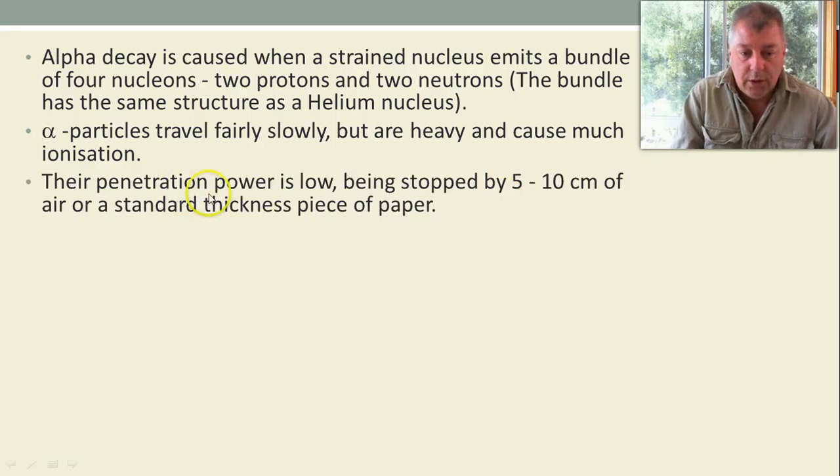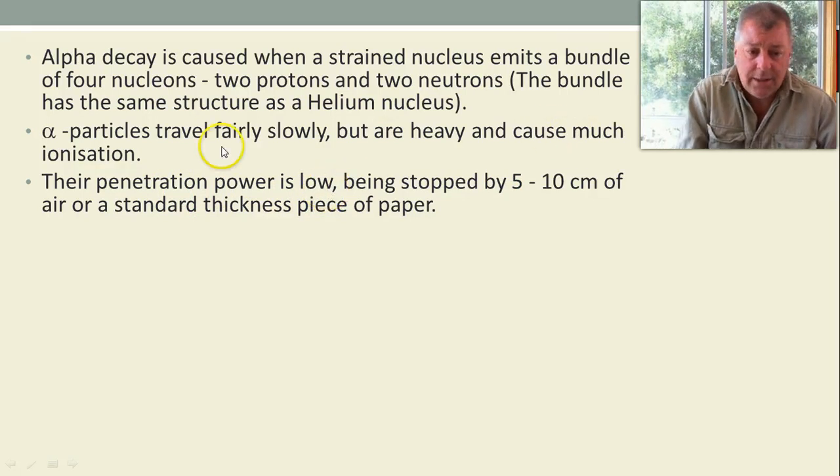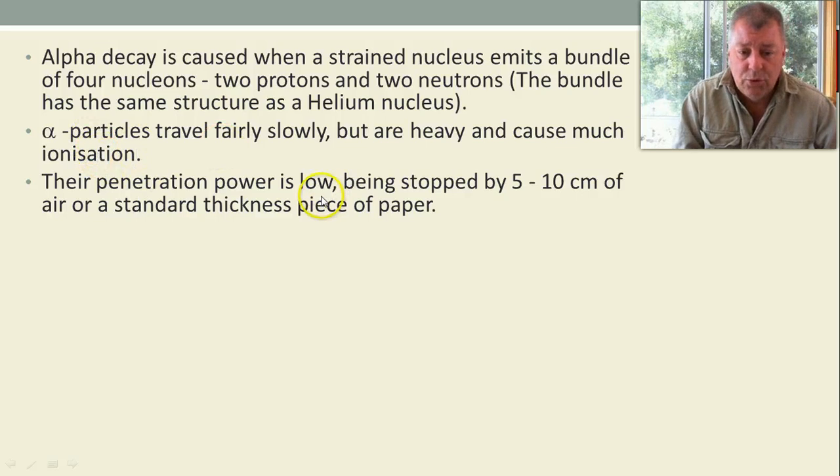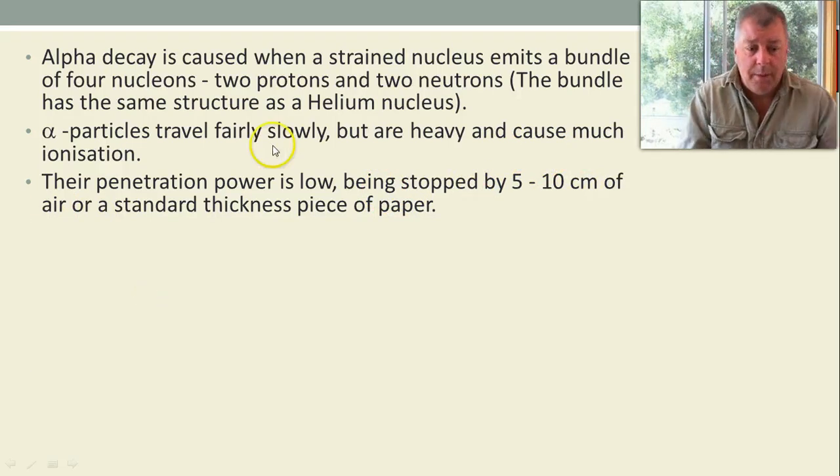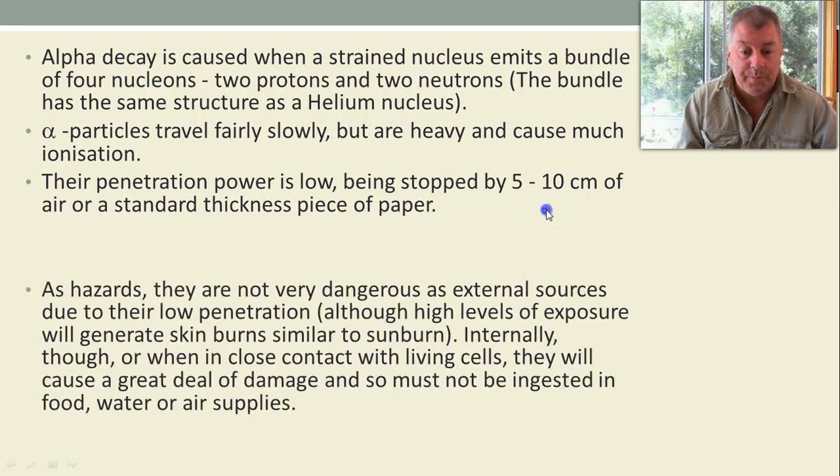They have what's called a low penetration power, and we'll have a video on penetration power coming up, because they're stopped very easily. Because of this high ionization power, they get absorbed very quickly. And so if we categorize it, they're stopped by a small amount of air, so they really only travel 5 to 10 centimeters in air, or a piece of paper stops them. That's not very tough, hey?